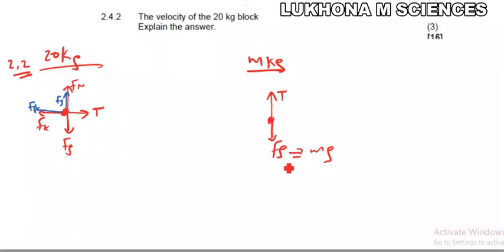How do we get this gravitational force? We can get it by using F net equals ma. The acceleration is equal to 0, therefore the net force is equal to 0. The net force here is Fg and the tension. Now we have to decide which one must be positive and which one must be negative.